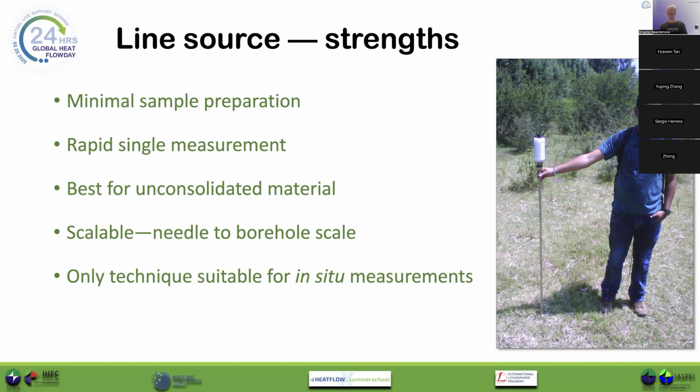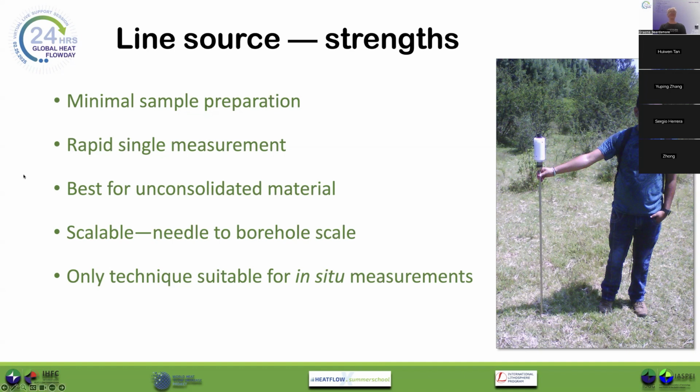It's arguable just how successful those in situ thermal conductivity measurements really are, and they take a long time to complete, because as you scale up the size of these probes, the time required to get a measurement also scales. So you might get a measurement in the laboratory in a couple of minutes. This particular instrument takes an hour to get a thermal conductivity measurement, and if you scale up again to borehole type scale, you might need to run your heater coil for a week or 2 weeks to get a measurement.